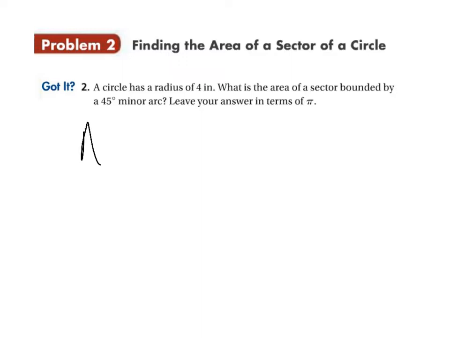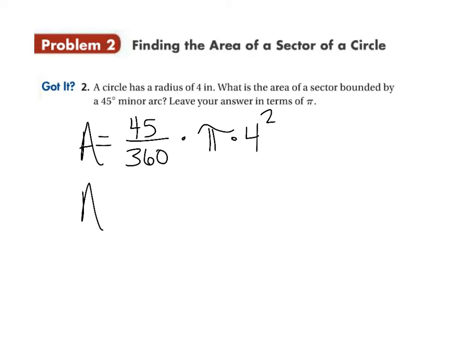So I'm going to start off with the area of my sector being the portion of the circle I'm using, which is 45 out of 360 degrees, multiplied by the area of the circle, which is pi r squared. The radius is 4, so that's 4 squared. What I'm going to do here is try to do some reducing first. The 45 and the 360 actually reduce very nicely.